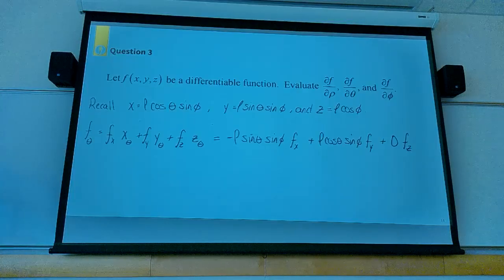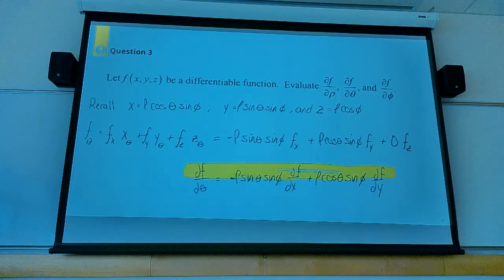So that's just a constant that you're differentiating. And there's your formula for partial f, partial theta.